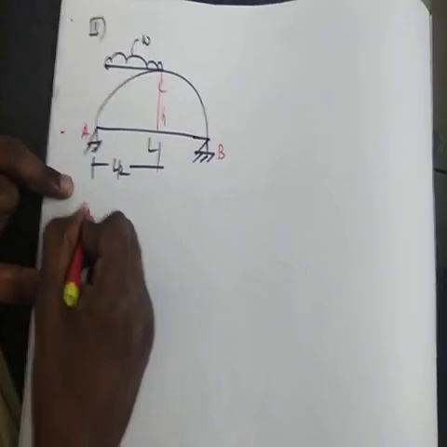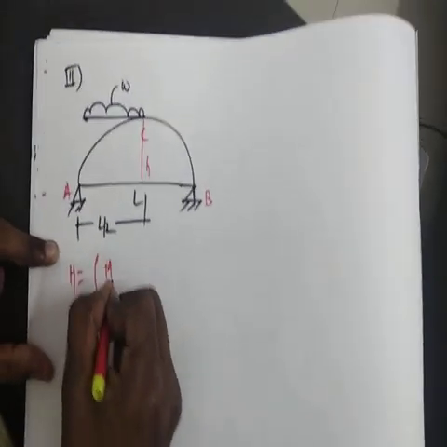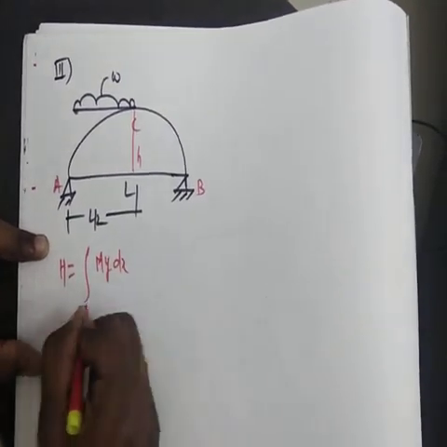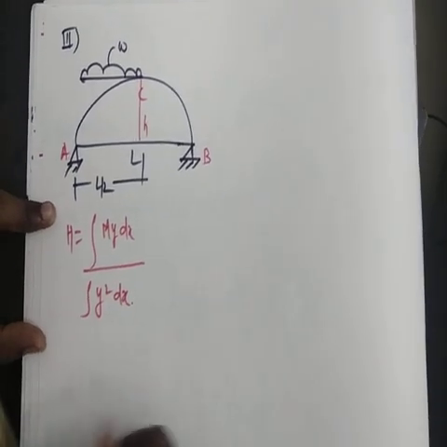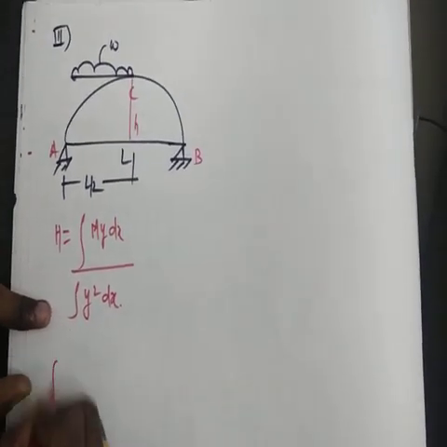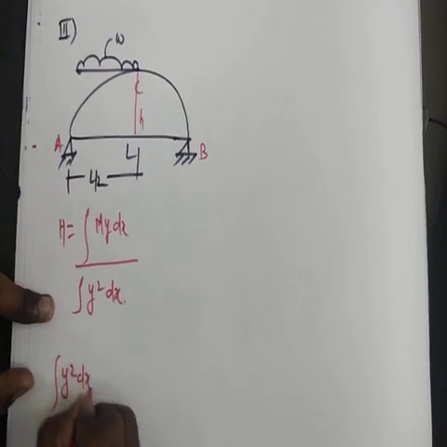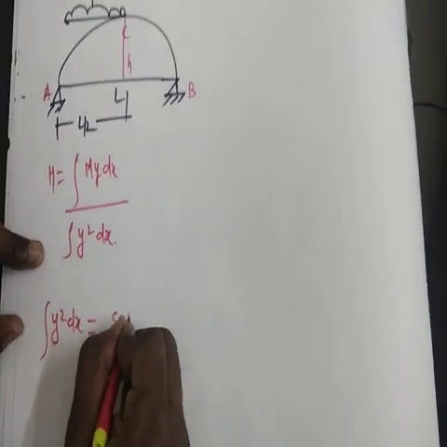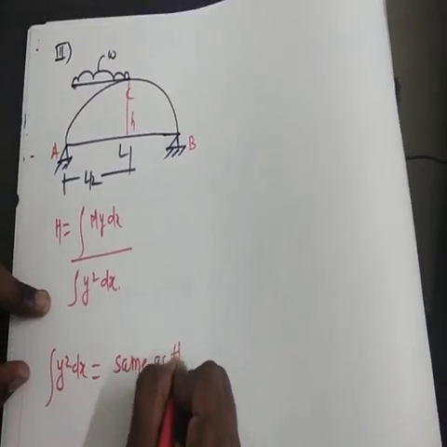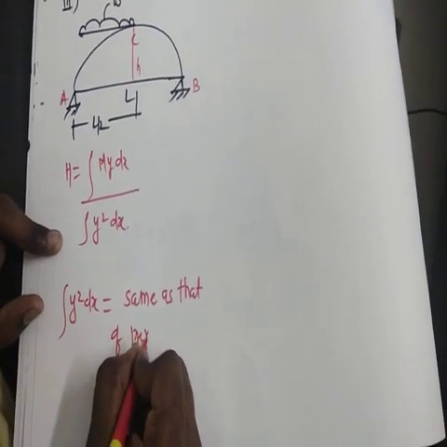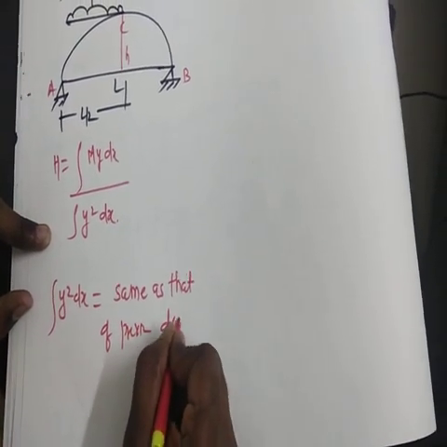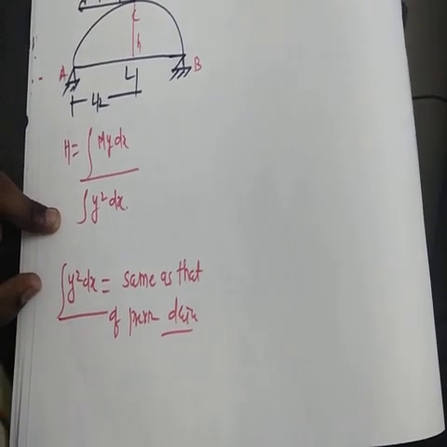Now we know that H is equal to integration m y dx divided by integration y square dx. Now this denominator, which is integration y square dx, will be the same as in the previous derivations. So no change for that denominator.